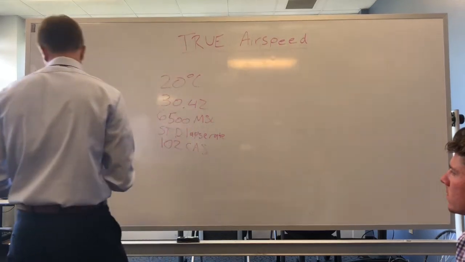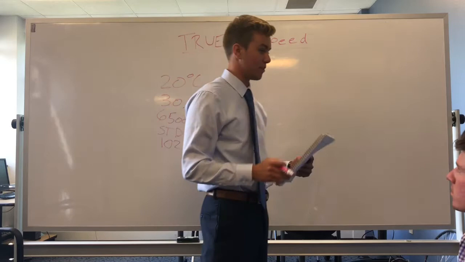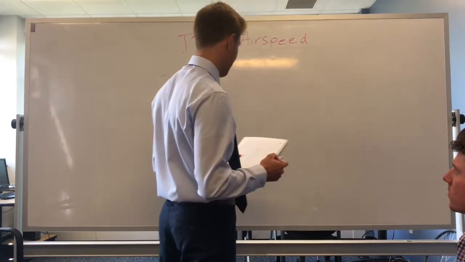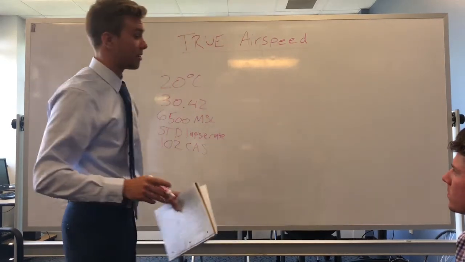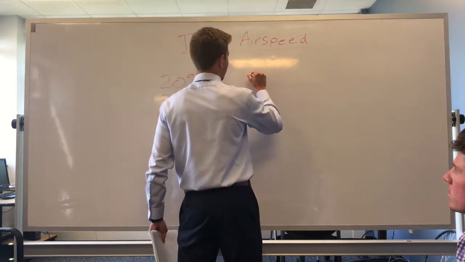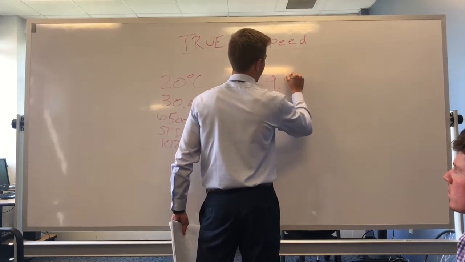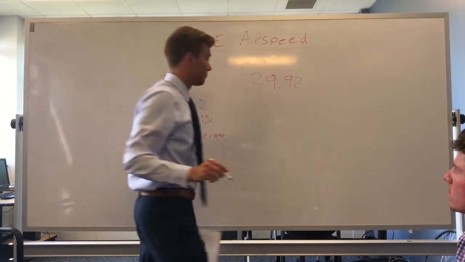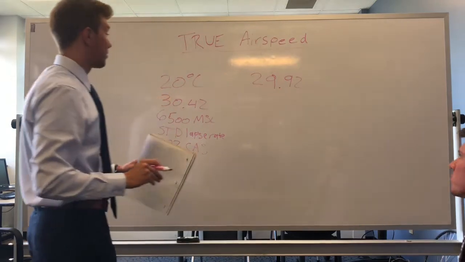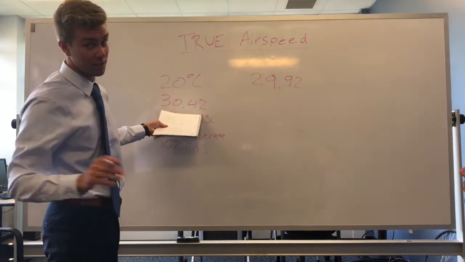Okay, so now let's get into calculating our pressure altitude. This is the easiest one, in my opinion, to calculate. What we're going to do is take our standard atmospheric pressure, being 29.92, and subtract the standard from our current, which is our altimeter setting.